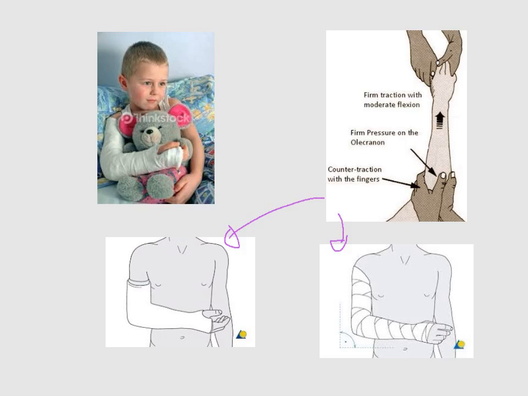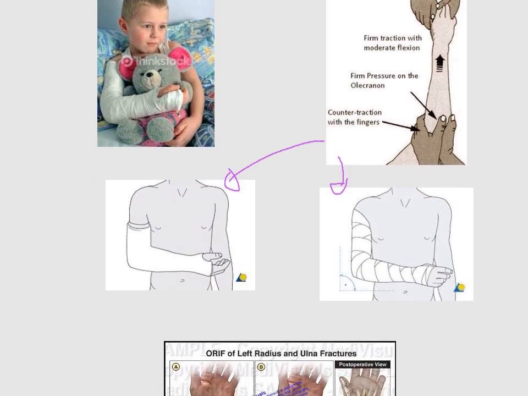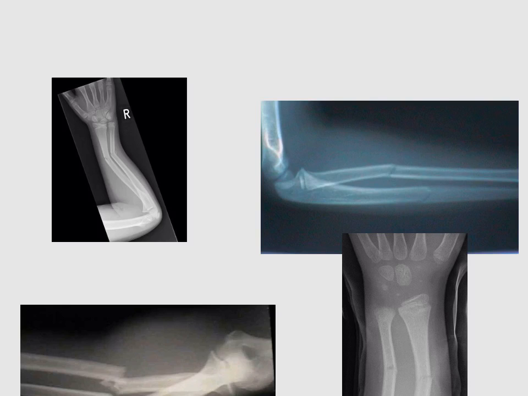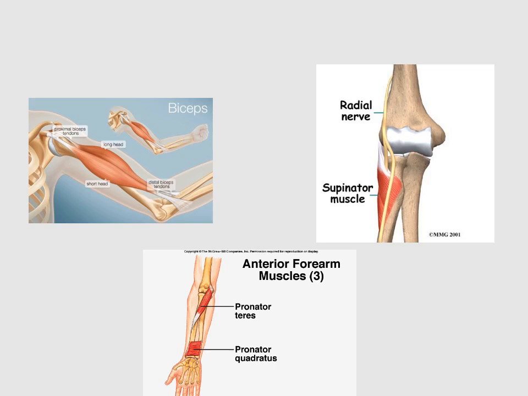I want to make some notes on the cast that is put in the case of radial and ulnar fractures. In the case of a fracture proximal to the pronator teres, we fixate the cast in supination position. Let me go back to the pronator teres. This is pronator teres, and this is its insertion.